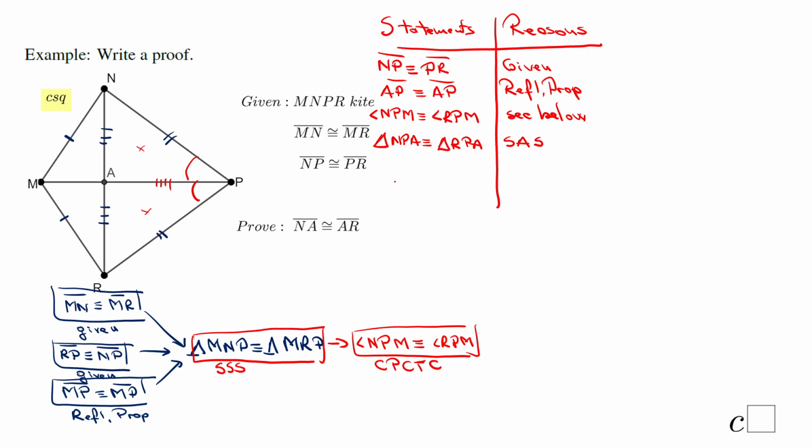And based on this, we have now what we need to prove, that NA congruent to AR, based on corresponding parts of congruent triangles are congruent, CPCTC.